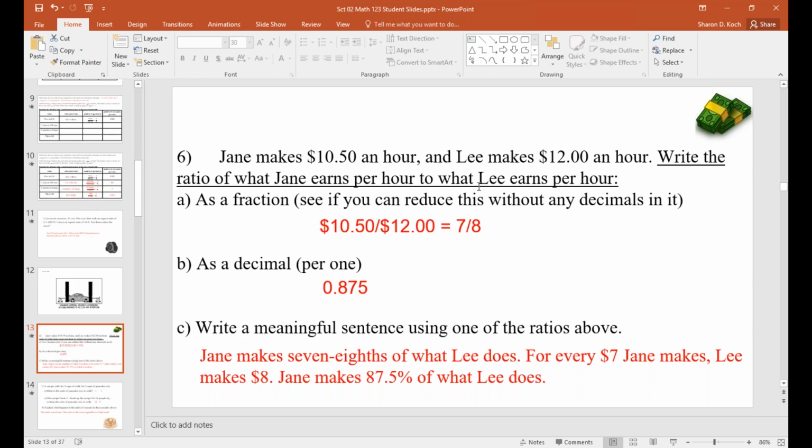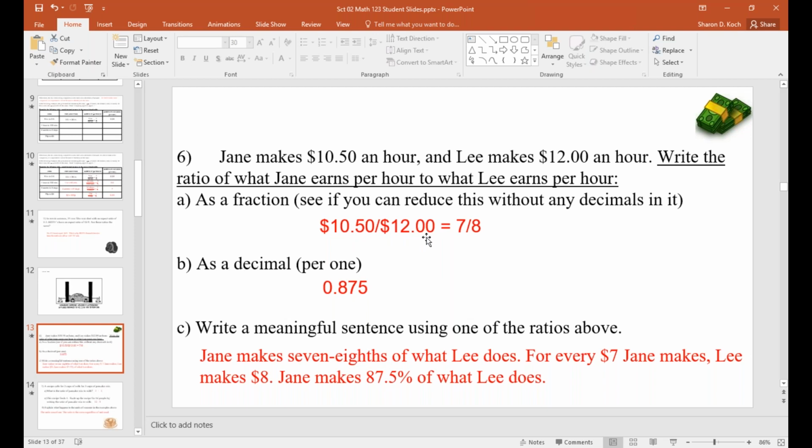Now, notice I underlined this part here. It's telling us the order it wants us to compare these two items. So what it's saying is the first item is Jane's per hour. So that's $10.50 in my numerator, divided by, because it says per hour, what Lee makes, and he makes $12 an hour. So this is $10.50 divided by 12.